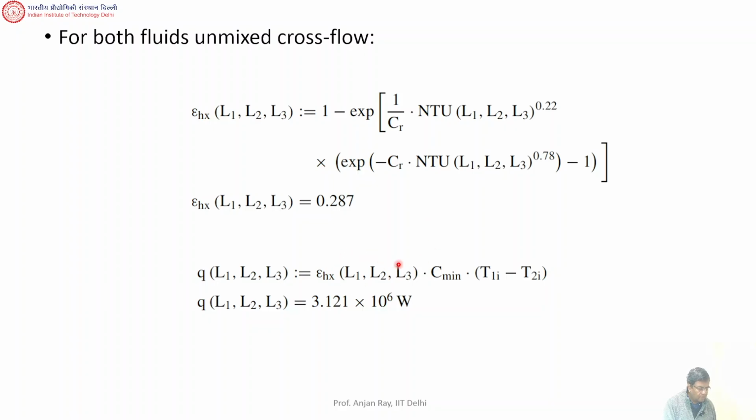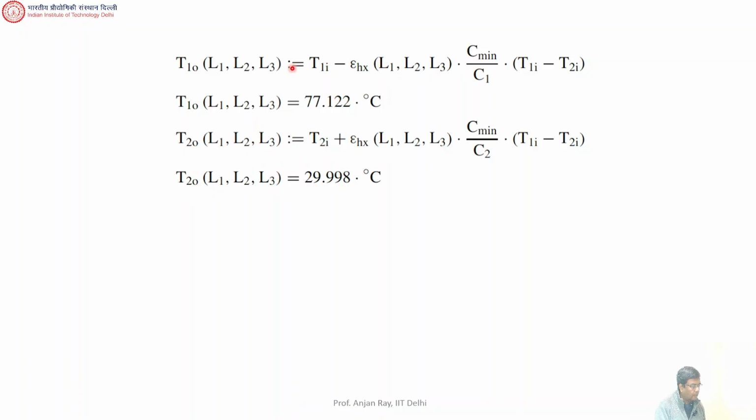And once you have the effectiveness of the heat exchanger, using C min you can calculate C min times T1i minus T2i. You can get the heat transfer Q. And using this Q, you can get this temperature T1o. So what is T1o? It's the water outlet temperature.